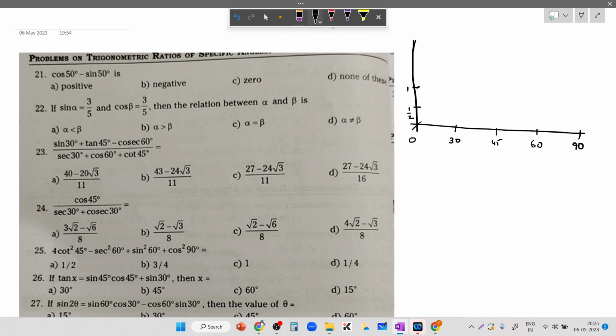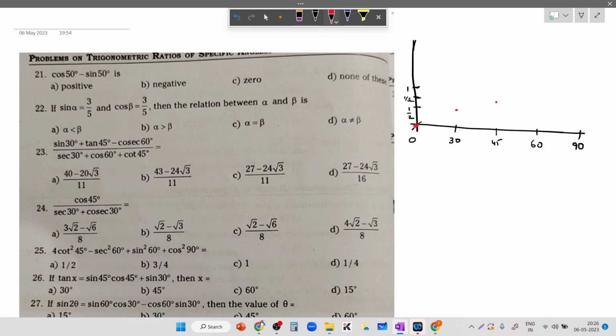Now the value of 1 by root 2 is somewhere between 1 by 2 and 1, about 0.7. Now let me draw the graph of sin x. Sin 0 is 0, sin 30 is 1 by 2, sin 45 is 1 by root 2, sin 60 is root 3 by 2.